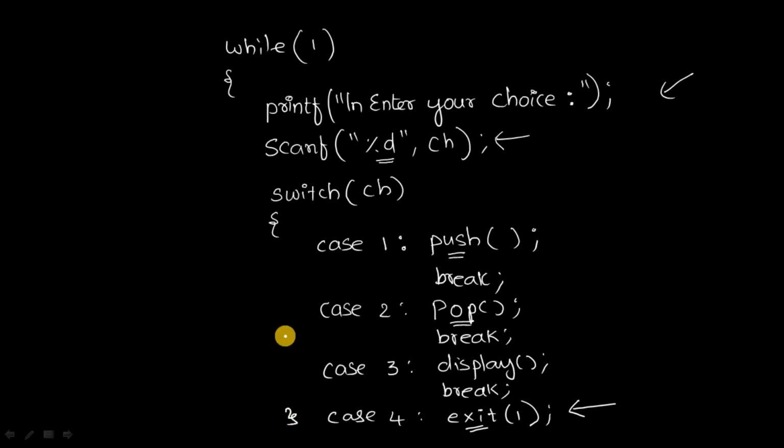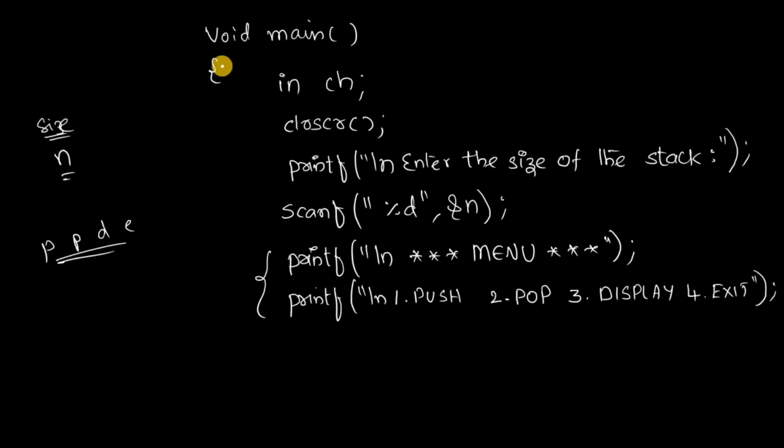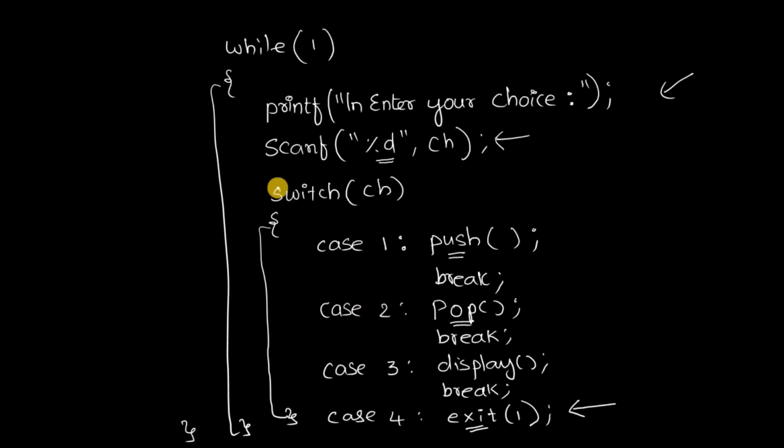Then close the switch statement, and close the while loop, and finally close the main function also. So in the previous slide I have started the main function, right, and that one I am closing here.